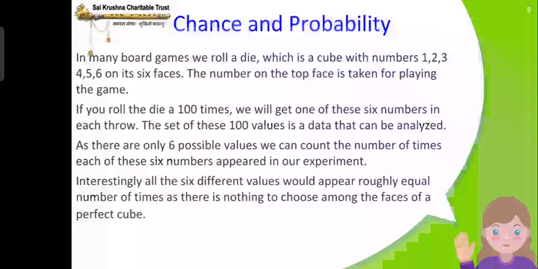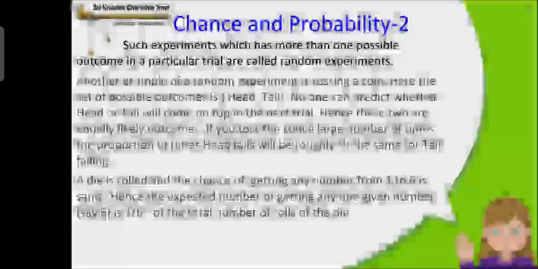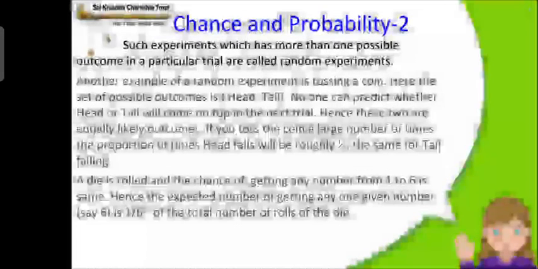Interestingly, all 6 values would appear roughly an equal number of times, as there is nothing to choose among the faces of a perfect cube. So there is a chance of getting the numbers from 1 to 6. Such experiments, which have more than one possible outcome in a particular trial, are called random experiments.